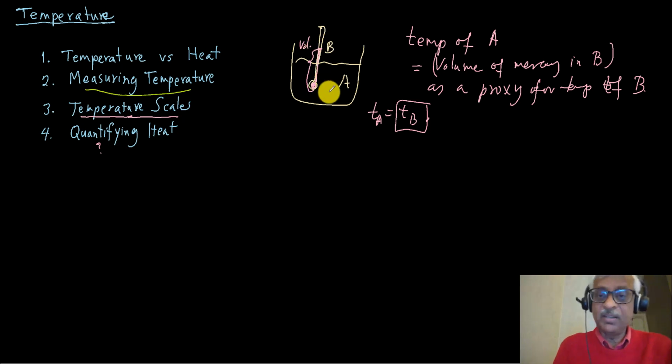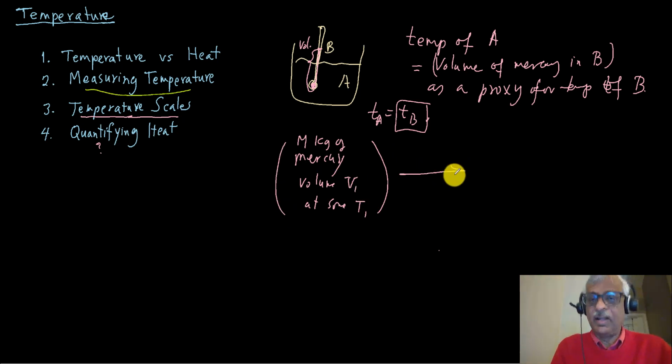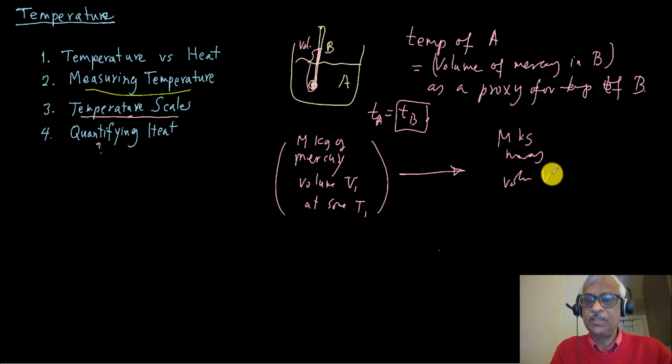So the volume of mercury: suppose we take m kilograms of mercury, the volume is V1 at some temperature T1, then the same m kilograms of mercury will have volume V2 at temperature T2.